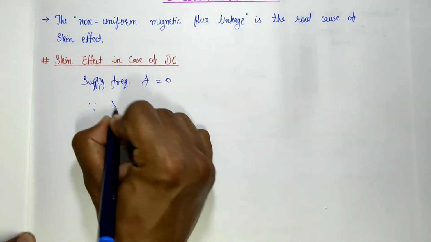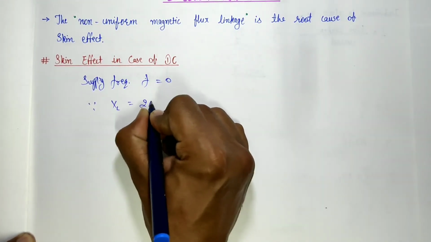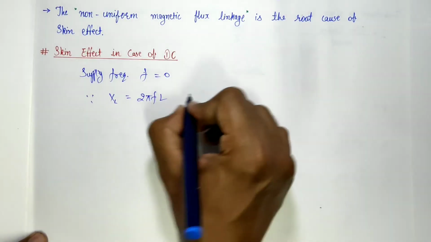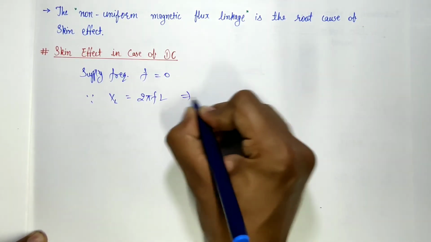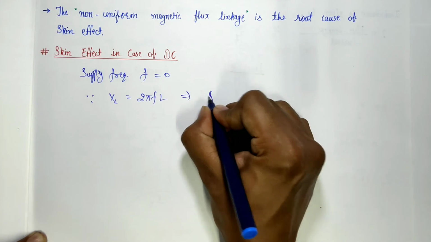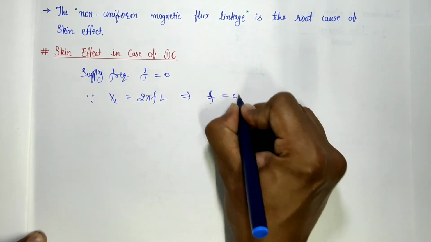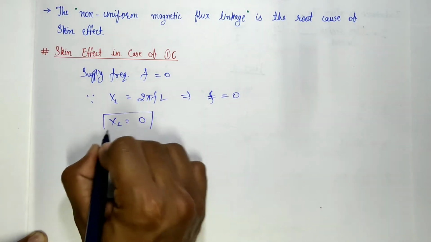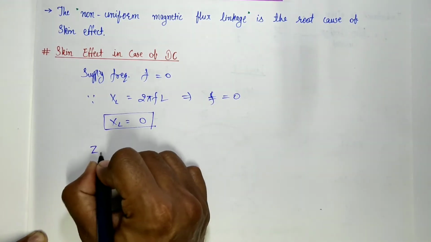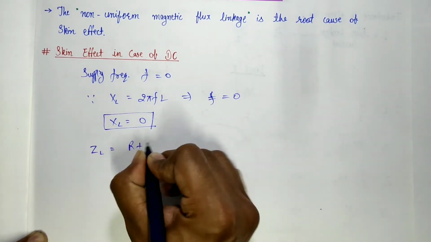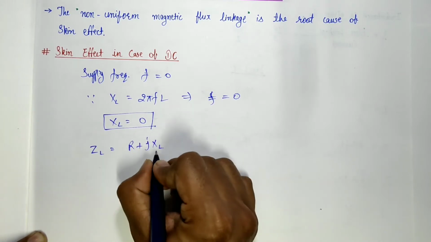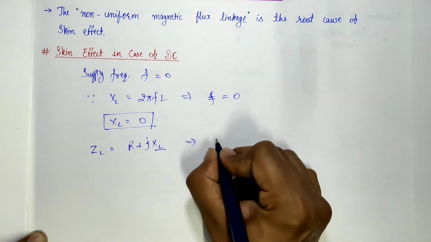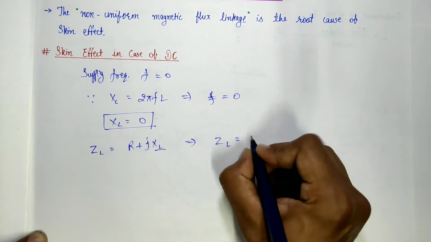Therefore, as you know that XL is given by 2 pi F L, if F is equal to 0, then XL will be 0 here. Now as you know that impedance is given by R plus jXL, XL is 0 here, therefore what will be your impedance? In case of DC, it is R.